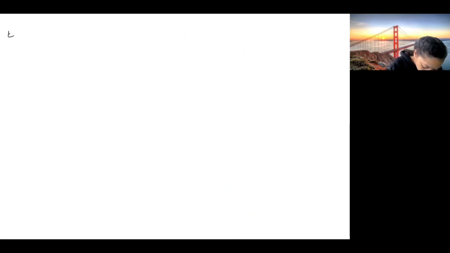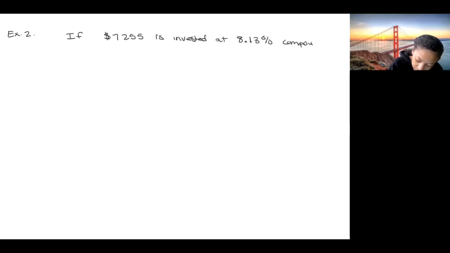This would be example 2. If $7,255 is invested at 8.13% compounded, won't make it too bad, semi-annually.